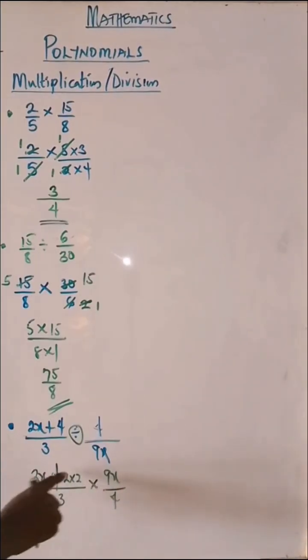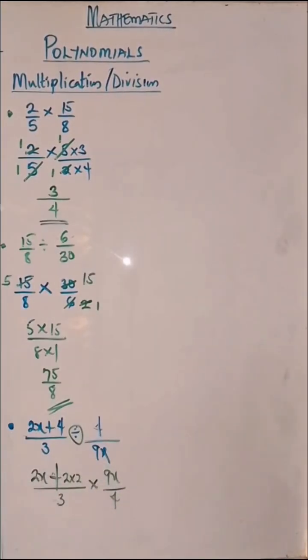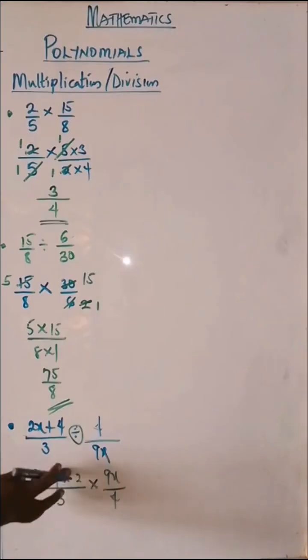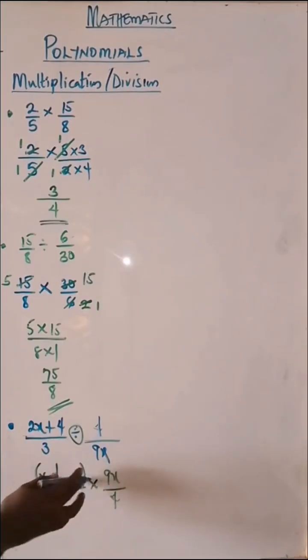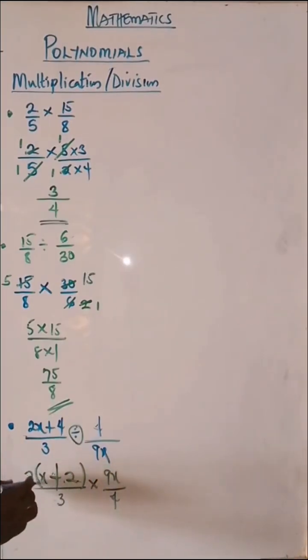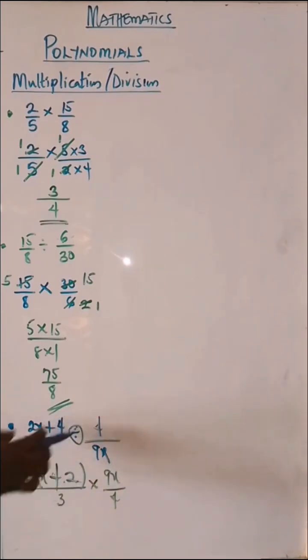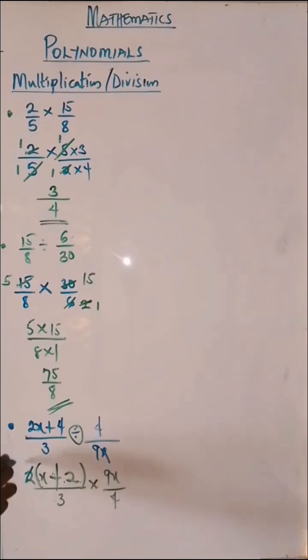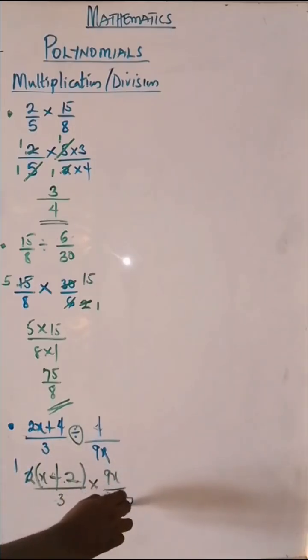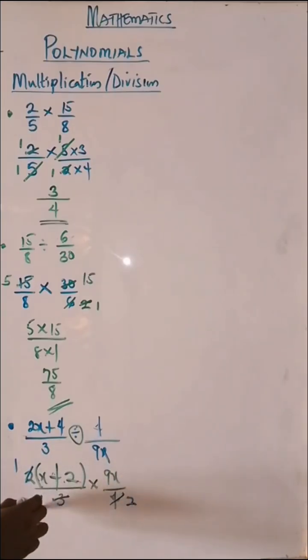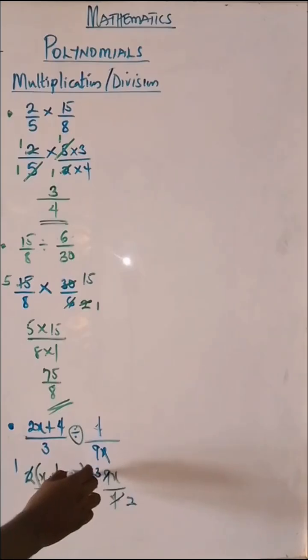Now when we check the numerator here, 2 is common. So if we take out this 2 here, and this 2 here, we can bring it outside. It's called factorization. If you expand this, you get this back. And from here, let's see, what do you think can cancel? 2 here 1, 2 here 2, 3 here 1, 3 here 3.